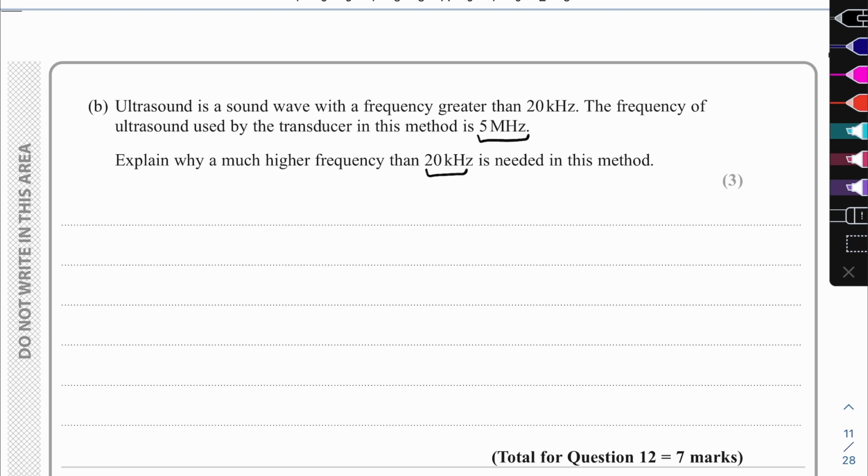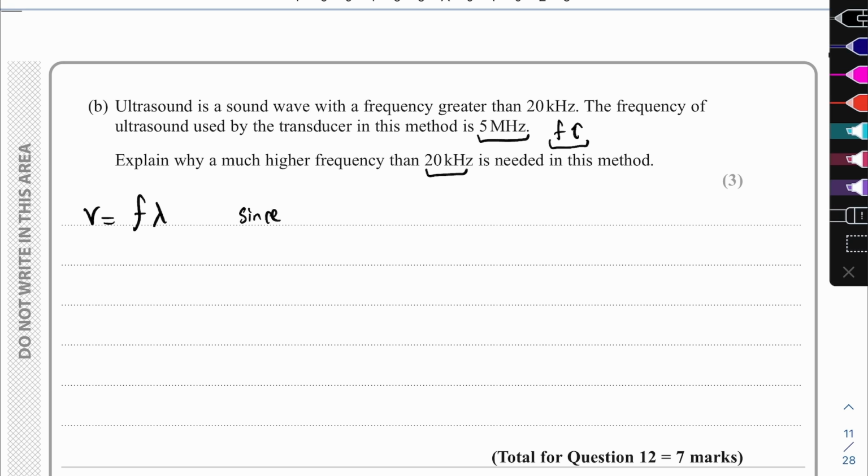Clearly, you can see the one has a greater frequency than the other one. So we're talking about higher frequency. To show this, we must explain that v equals f lambda, and v is still the same. What's happening with the frequency?